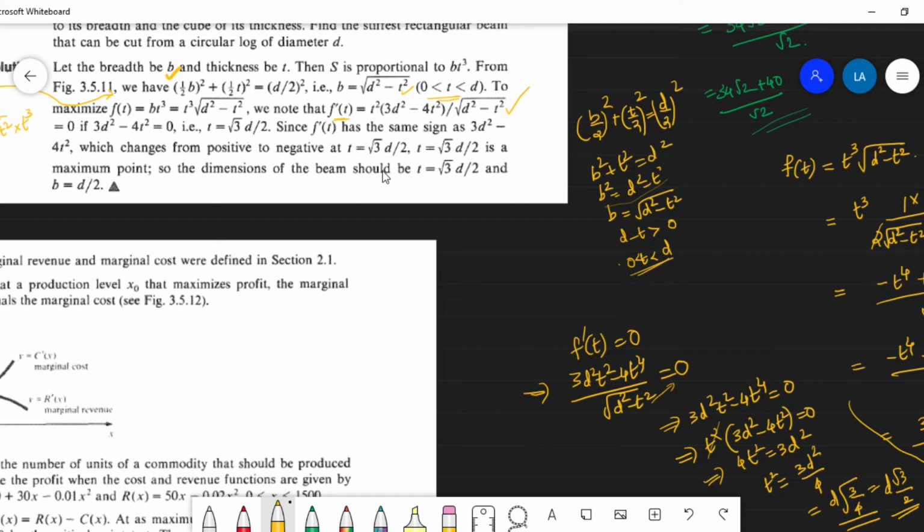Okay, so that's written here. See, root 3 into d divided by 2. So this f dash has a critical point, and you have the point t which is equal to root 3 d by 2 when f dash of t is equal to 0.